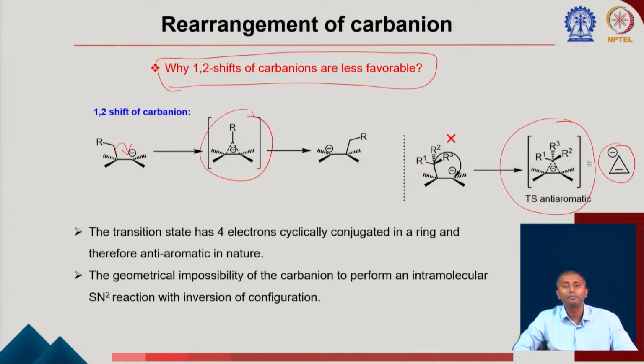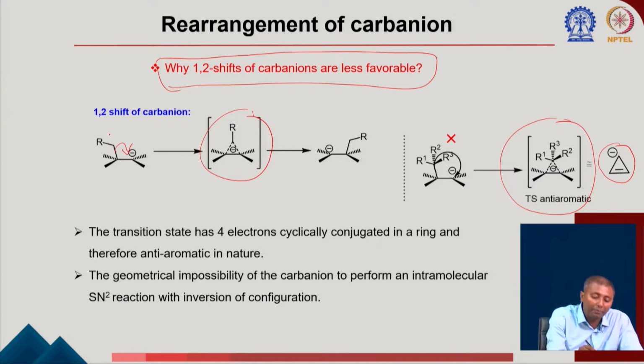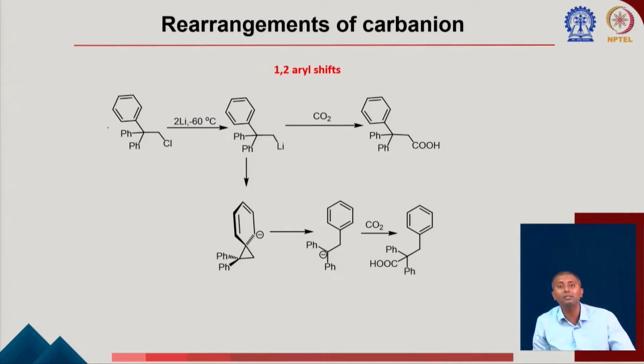Okay. So that is why we generally don't see this type of alkyl 1,2 shift. But instead of this group, suppose you have a phenyl group here, then the things will be a little different. In the case of a phenyl group, there will be a 1,2 aryl shift. So why in the case of phenyl is it so different?